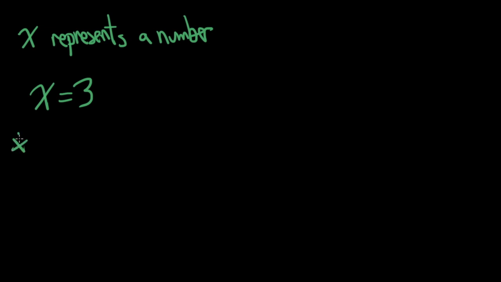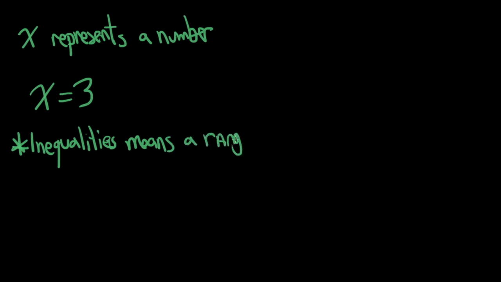But the difference when you're using inequalities means that there's a range of numbers, not just one. And we need to be able to show all different kinds of possibilities.